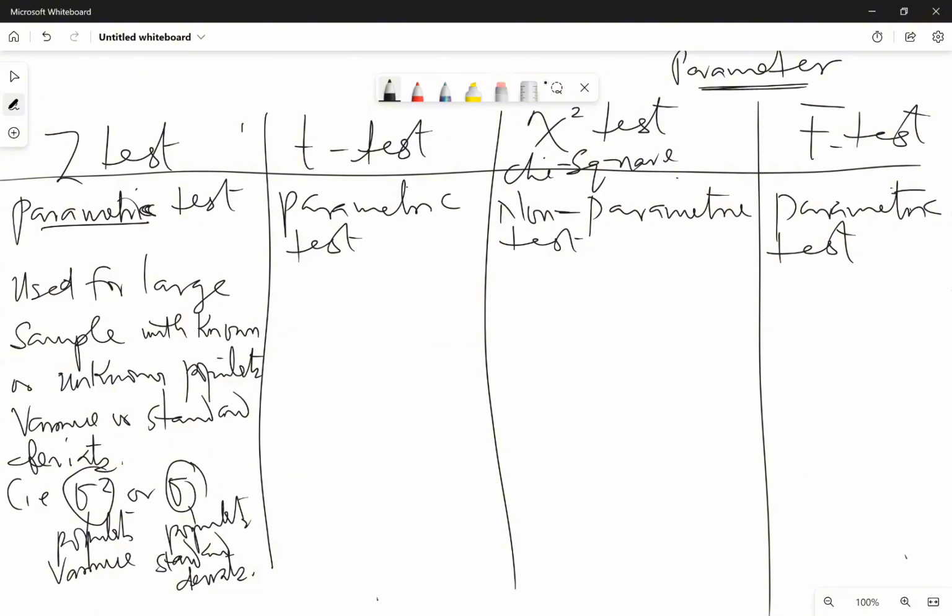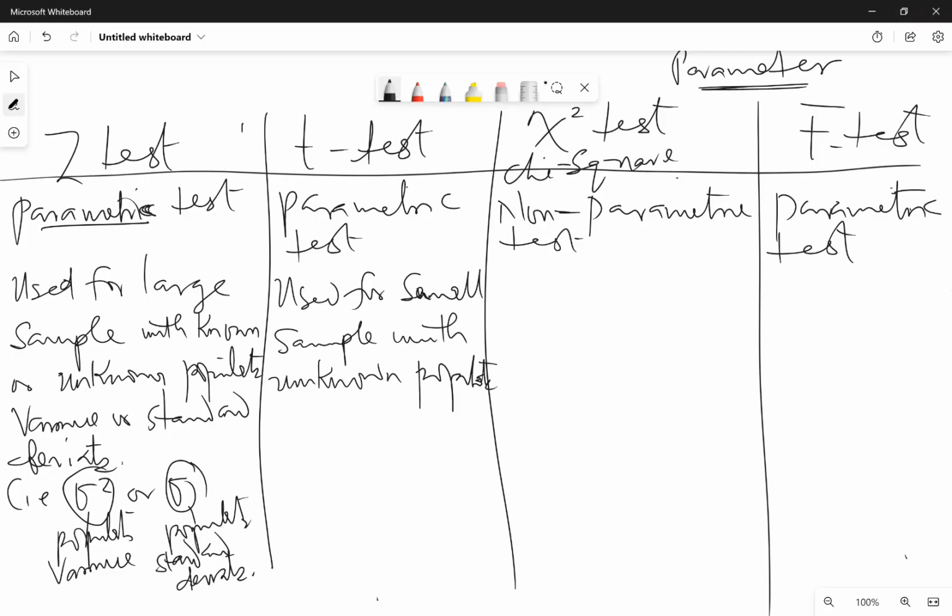The t-test. T-test is used for small sample with unknown population variance or standard deviation. Right?